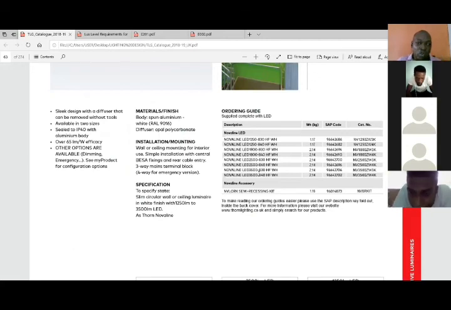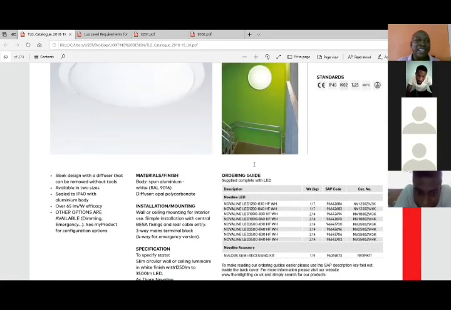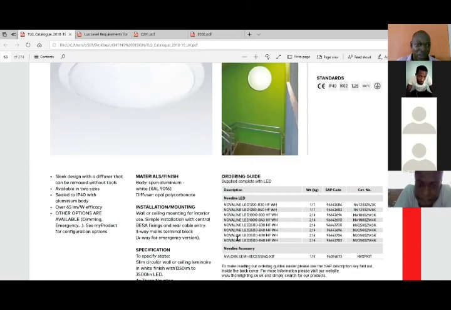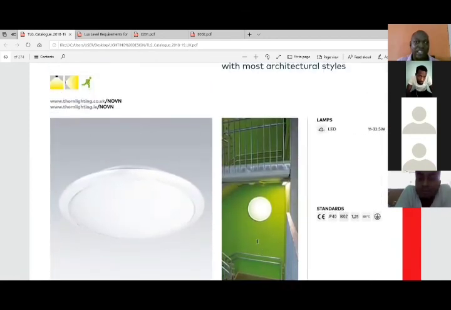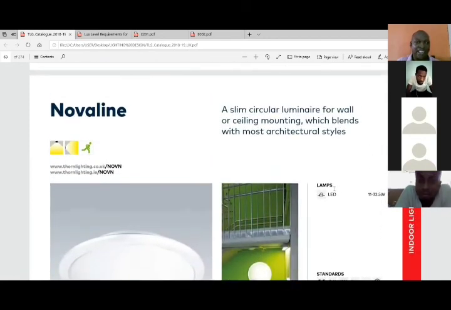The variance has to do with the wattage of the fittings. Look at the screen. See where I'm pointing to. This shows you that that lamp can come in varieties of 11 watts, 18 watts, up to 32.5 watts. I hope that is clear.